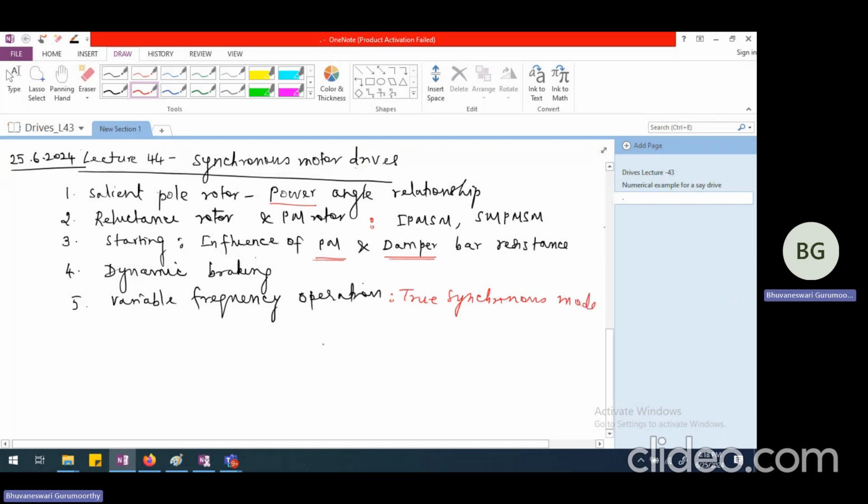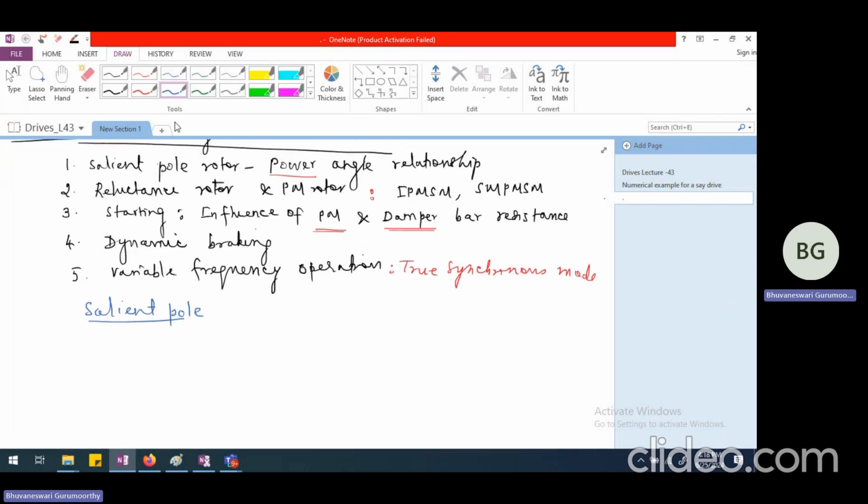So as far as the salient pole motor goes, we had already said that the salient pole rotor will have protruding poles, or the poles would look clearly distinct.